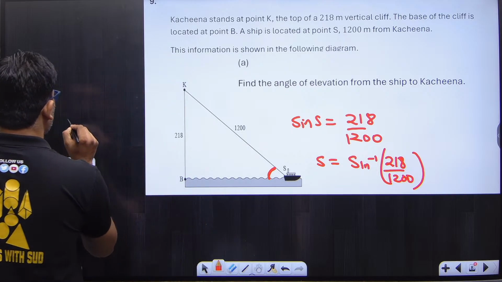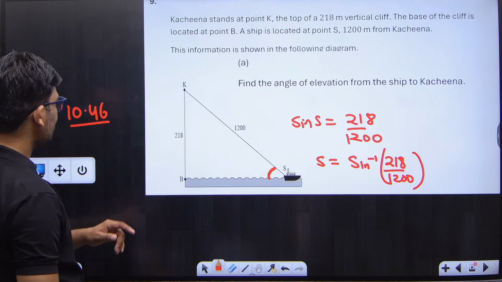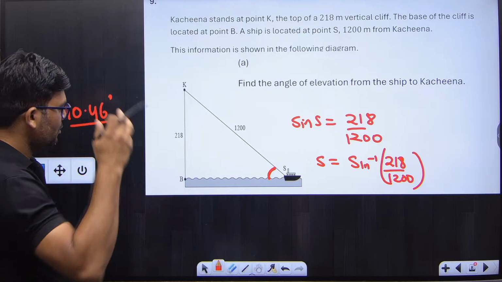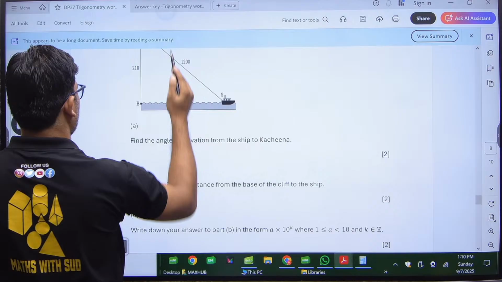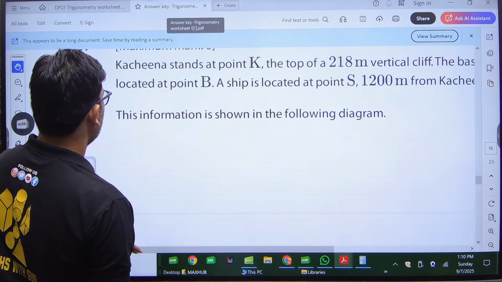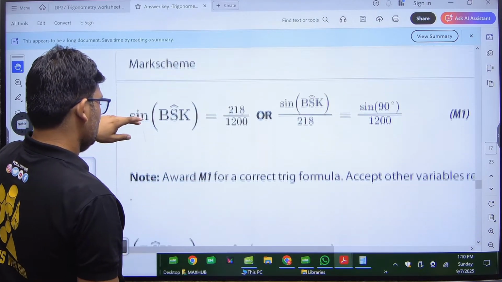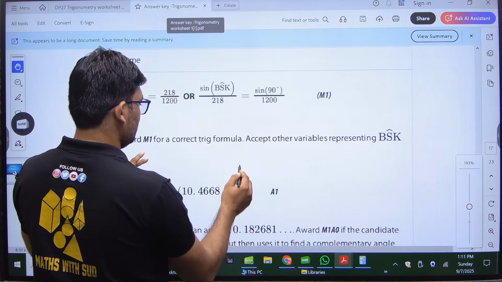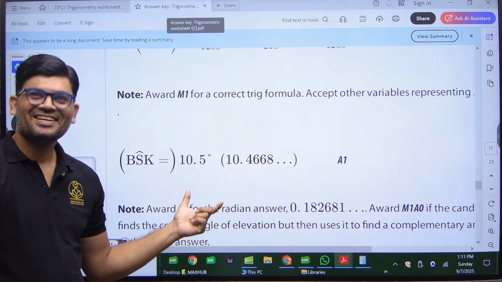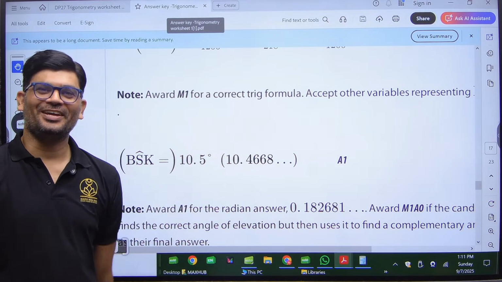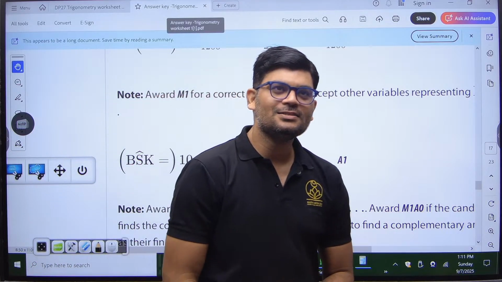You got how much? 10.46 degrees. Let us check then. 10.46, yes. Agreed.